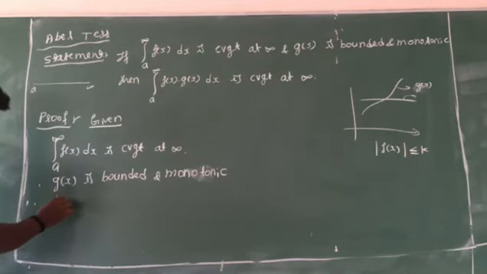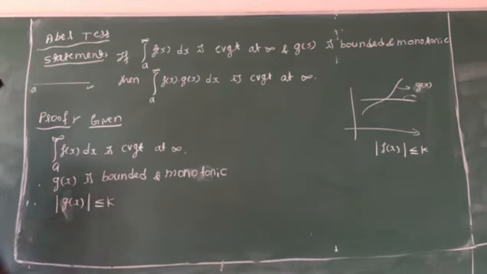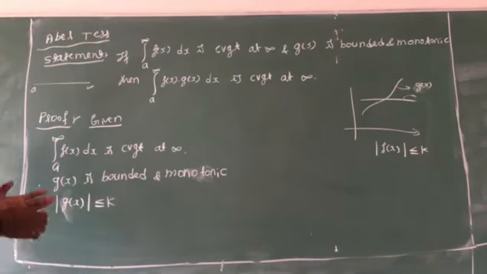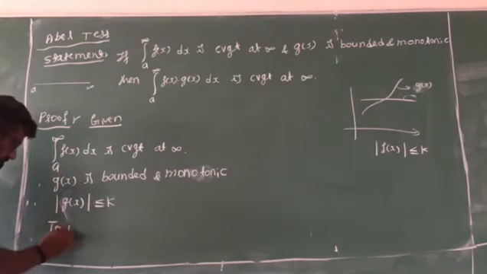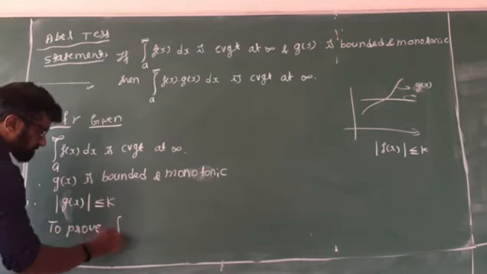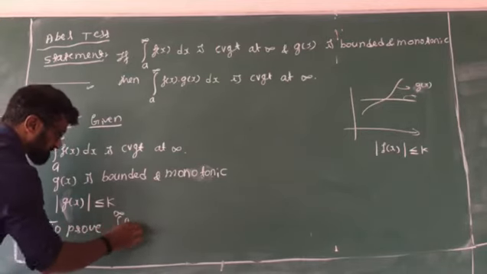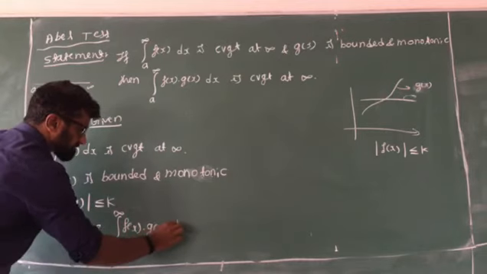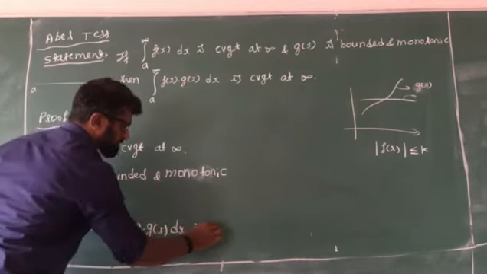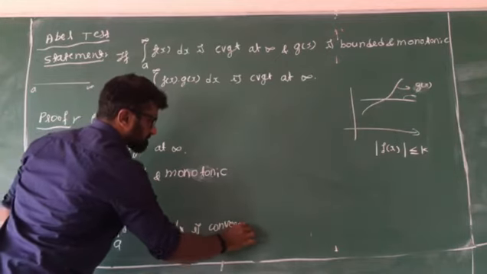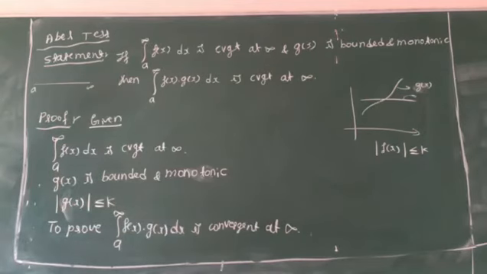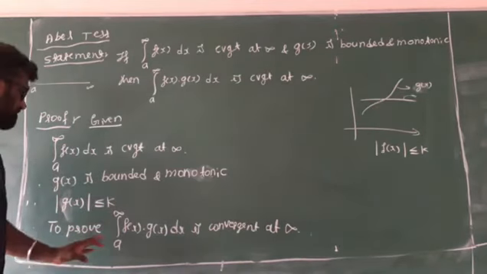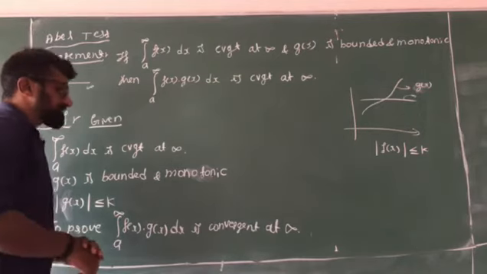That is, the function is bounded means mod g of x is less than or equal to k for some real number k. Then we have to prove that the integration of a to infinity f of x into g of x dx is convergent at infinity. If you write this much, they will definitely give one mark.